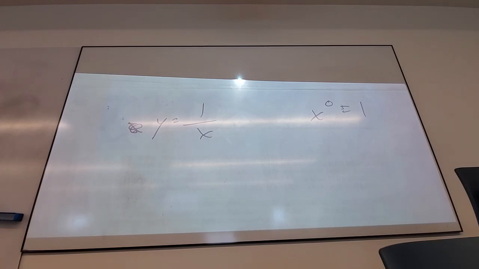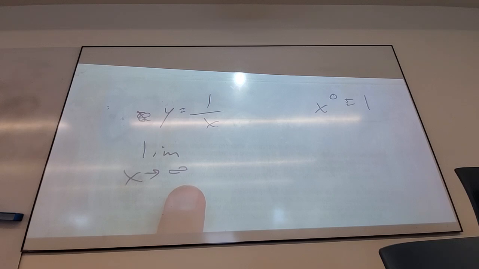If I put really big numbers in here, isn't that 1 divided by a big number? As I let that number get bigger without bound, what are the outputs going to do? They're going to get insanely small. The outputs will approach 0.